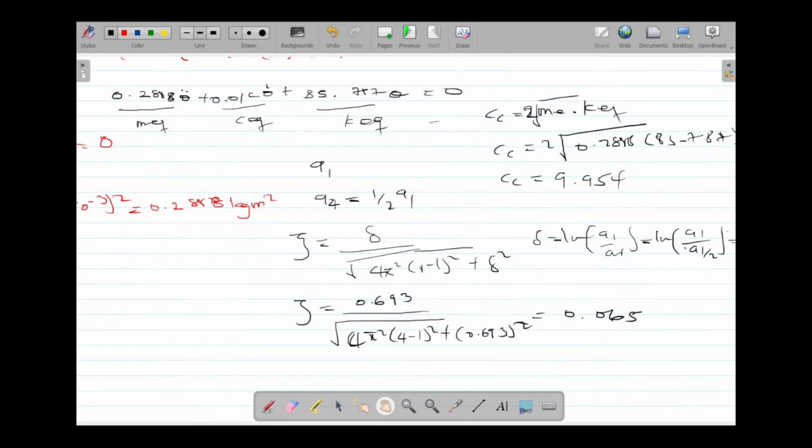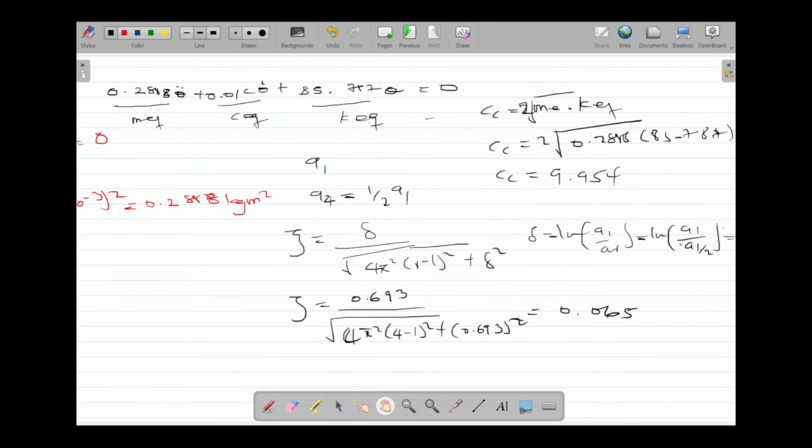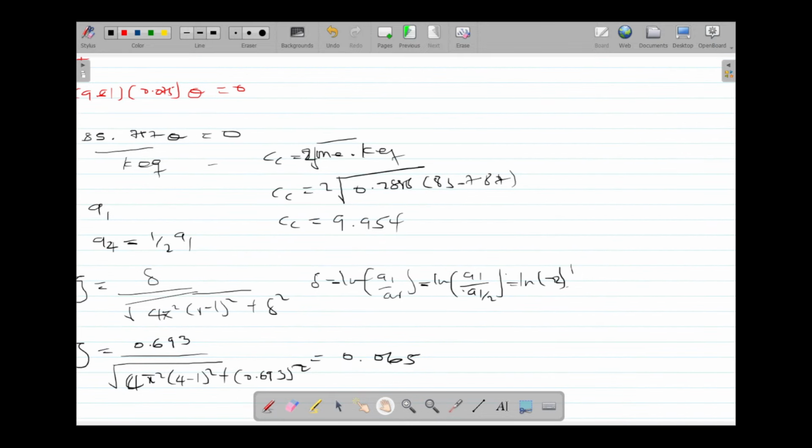Okay, so we solved for the damping ratio, and we solved for the critical damping coefficient. But the question asks us to find the C value here. To get the C value, we know that C equivalent over Cc will be equal to the damping ratio.